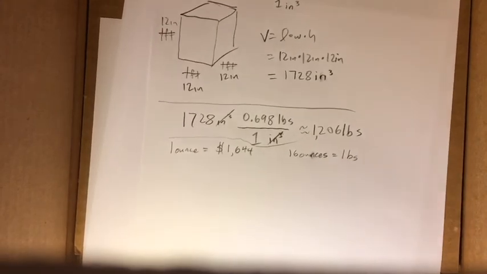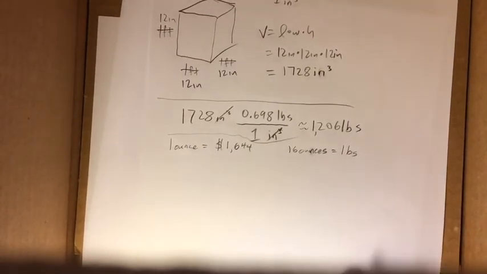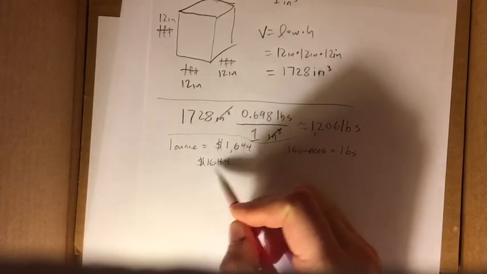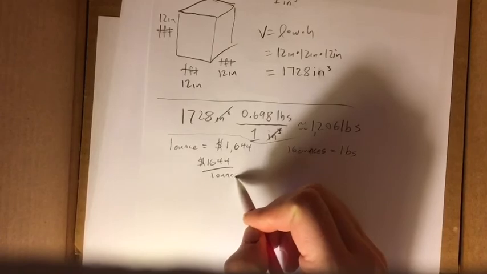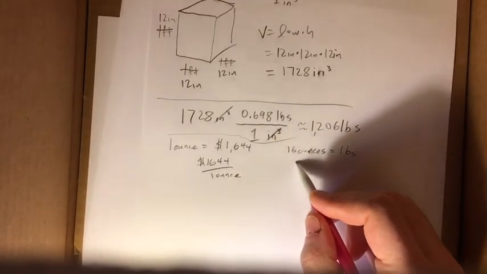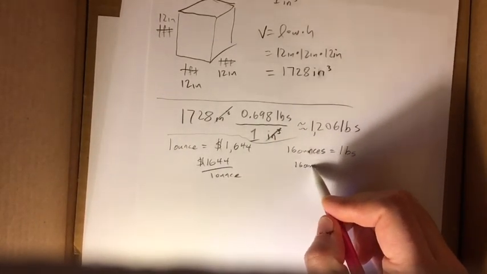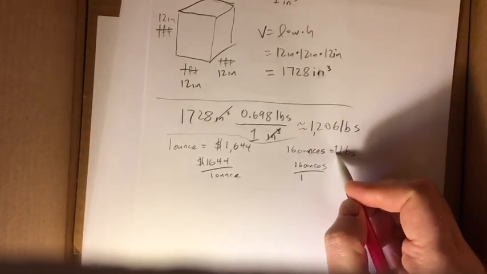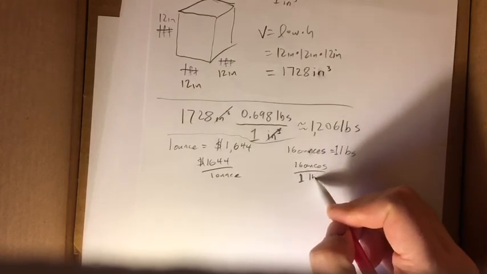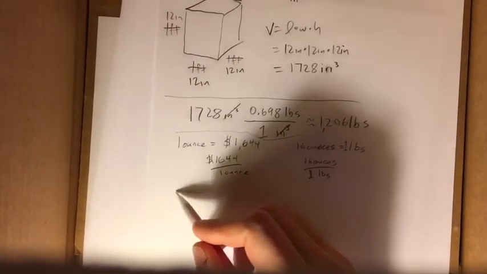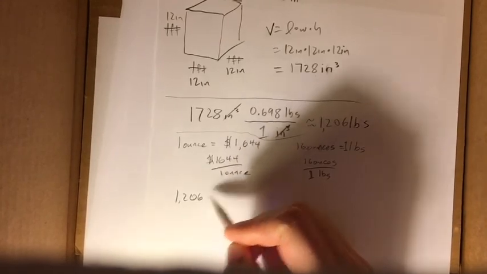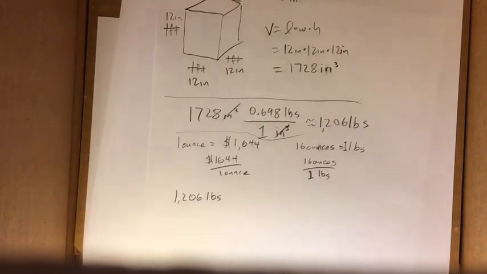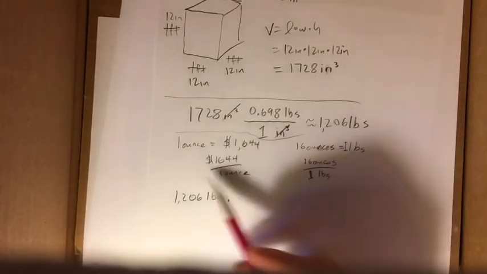Now again, the way I'm going to kind of set this up is I'm going to make these into ratios. And I'm just going to multiply out. So I know I have 1,206 pounds of gold, okay? I'm going to multiply this by, I guess, this ratio here.